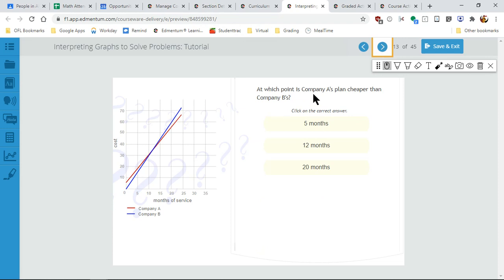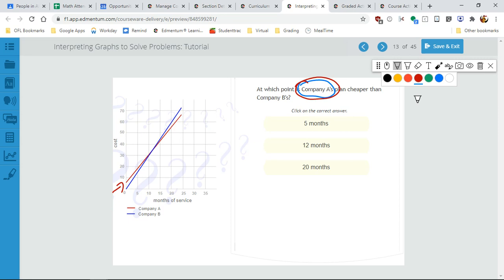All right, so now we're going to see at which point company A is cheaper than company B. Company A is in red, so I'll use red. I'm going to see that company A is more expensive at first. It's higher up in the graph.